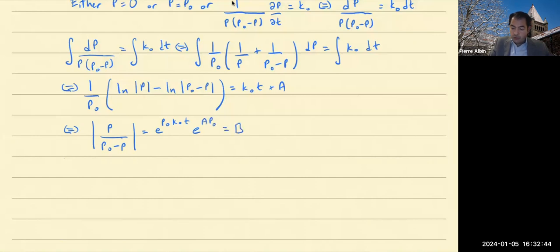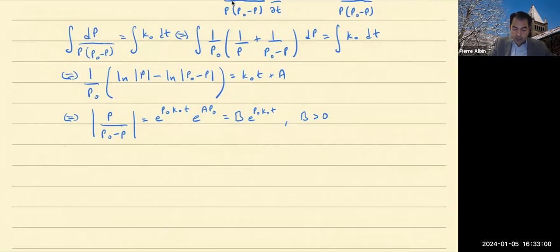And so let's introduce capital B as this constant, e to the capital A p naught. So here B is an arbitrary positive constant. If we remove the absolute value, then here we end up with p over p naught minus p equals plus or minus B e to the p naught k naught t.